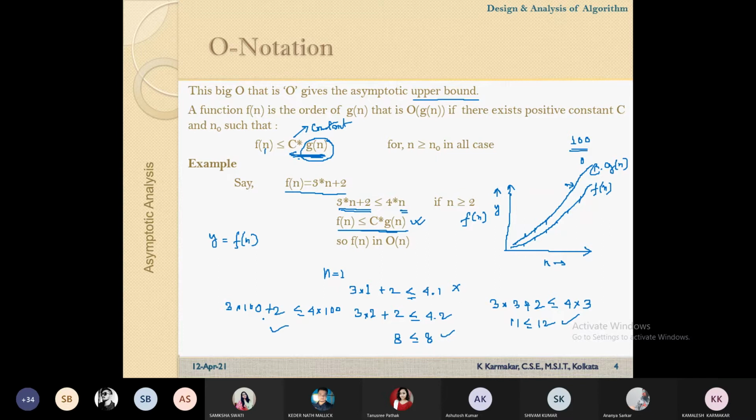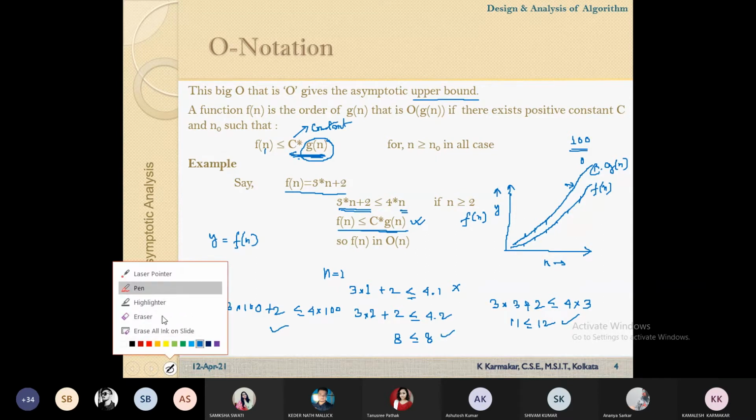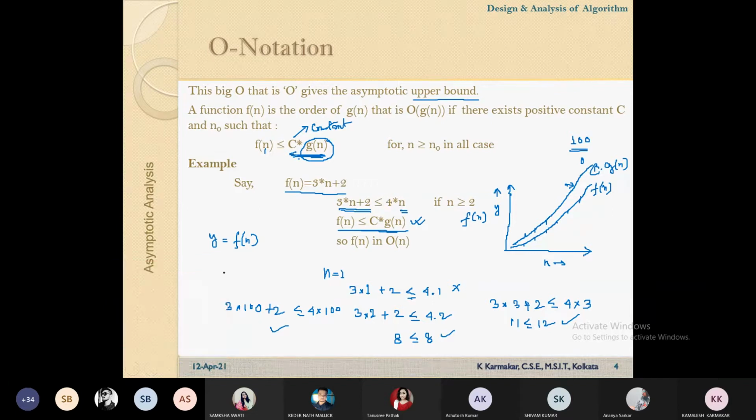So for this given function f(n) equals 3n plus 2, f(n) will be less than or equal to c into g(n) for what value of c and what g(n)?